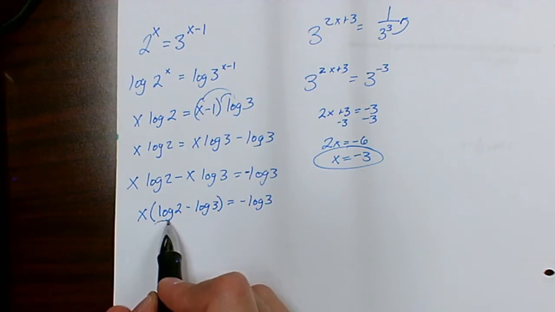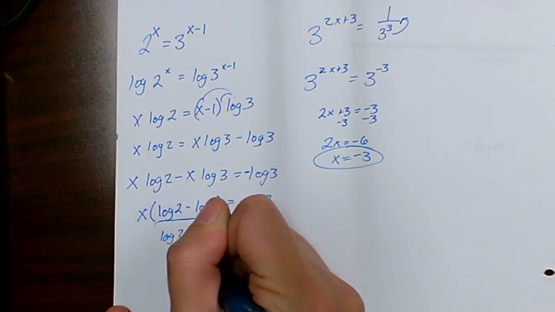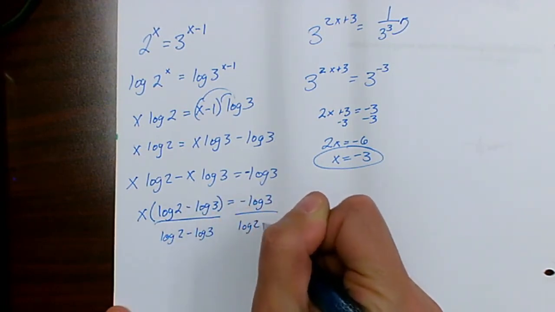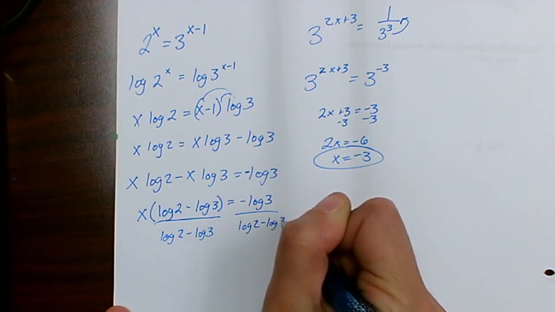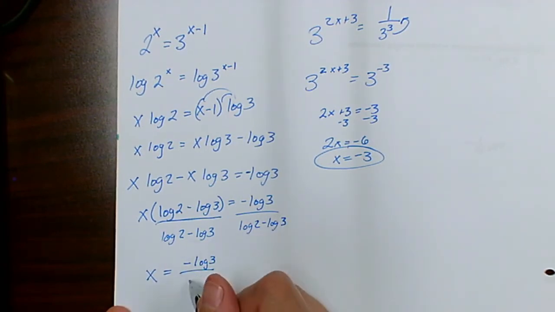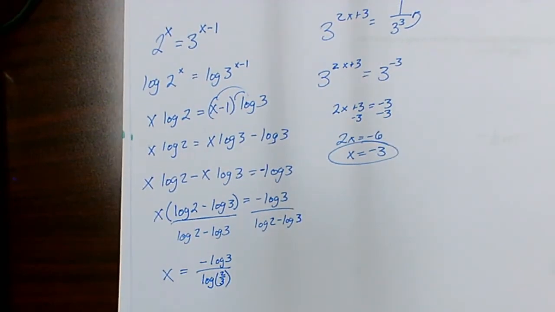So then now you have this big number, which is actually probably quite small. You're going to divide it, which, if you want to save a little time, this would be x equals negative log 3 over, and if you condense those, that would be log of 2/3, if you would like to do that.